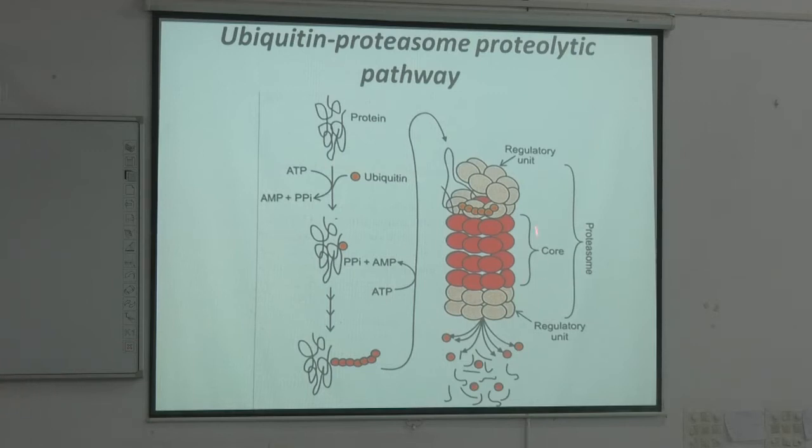The protein along with ubiquitin enters through the regulatory unit, and inside the core protein it will be degraded. So that misfolded protein will be degraded to different amino acids.